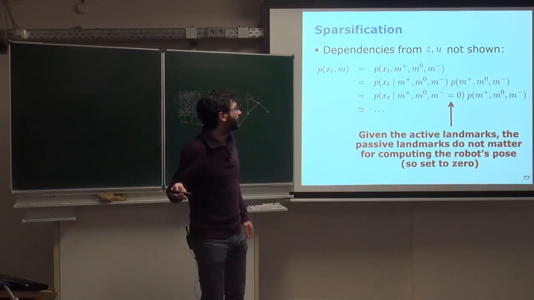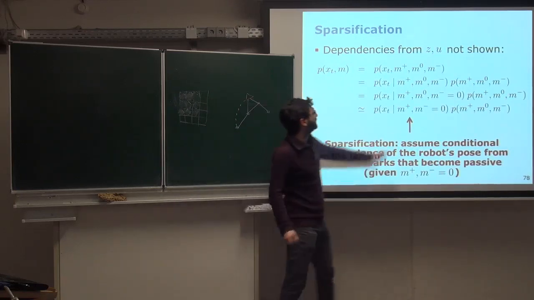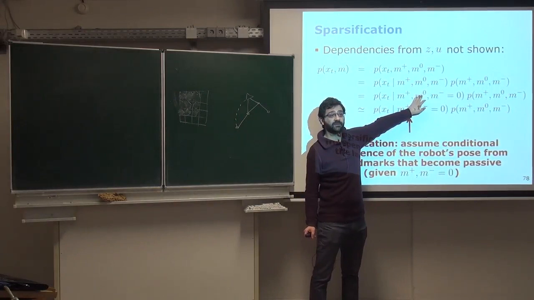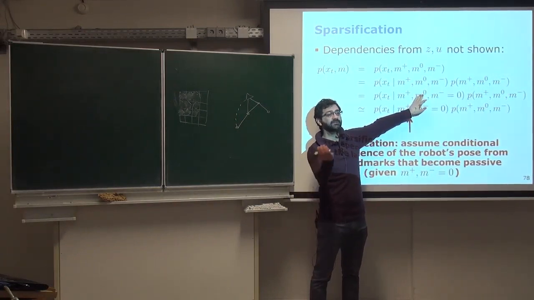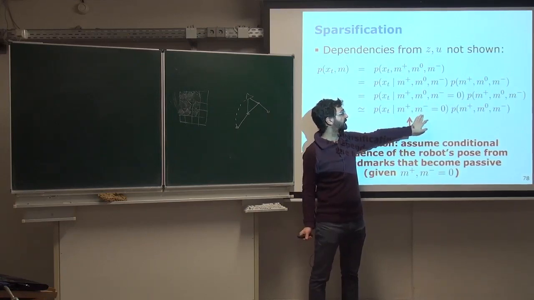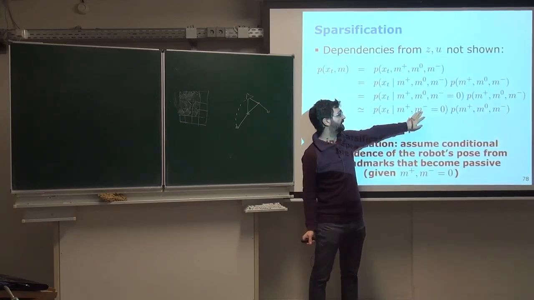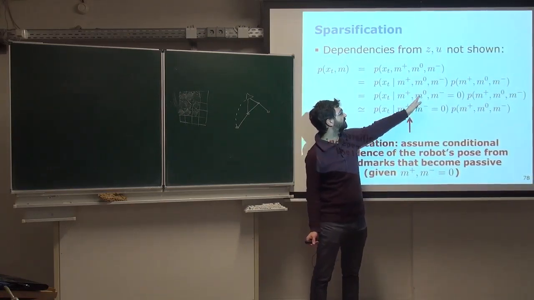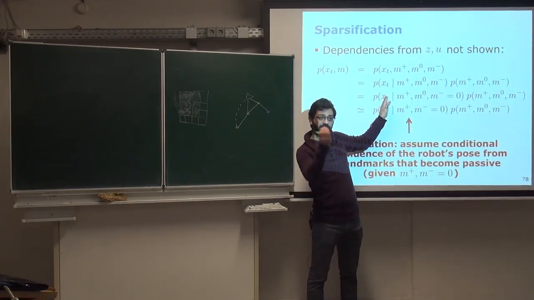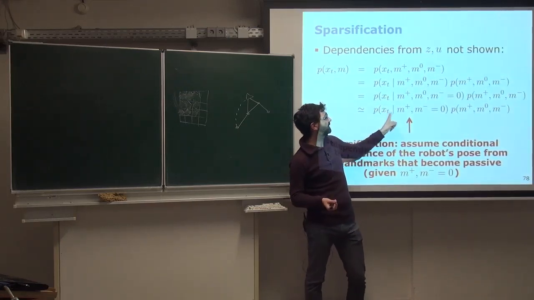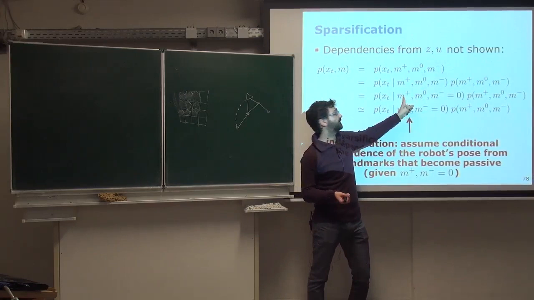How do we approximate it? We approximate it by putting this M0, the landmarks that go from the active to the passive set. In principle we move them in here, but for clarity, since they are independent, we put this conditional independence with the robot pose, so the distribution of x doesn't depend on M0 given M plus.